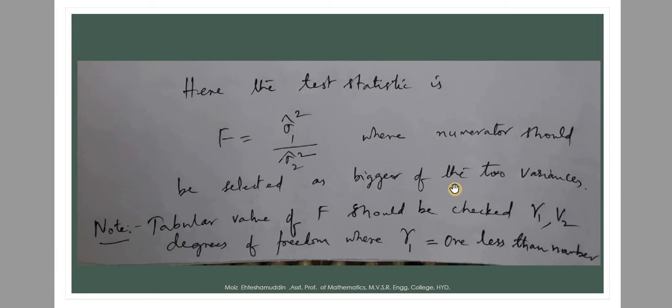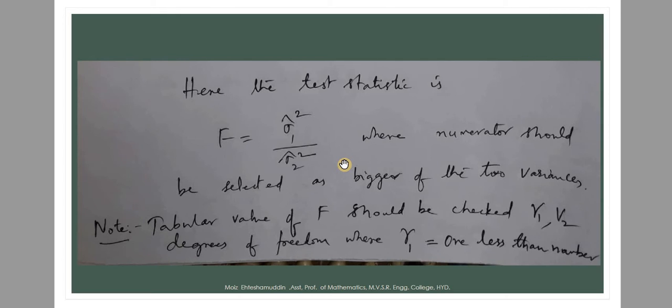Let's solve the problem. Before we enter into the problem, this is the test statistic which we have to calculate. Sigma 1 cap square is the unbiased estimate of the population variance. How to calculate sigma 1 cap square and sigma 2 cap square, we will see in the problem.